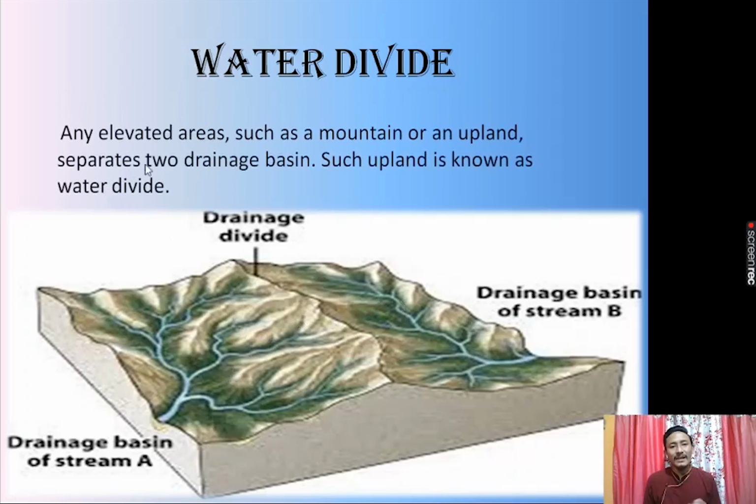Here it says an elevated area such as a mountain or an upland separates two drainage basins. This region becomes one basin and this becomes another basin. This upland divides or separates these two basins. Such an upland is known as a water divide.